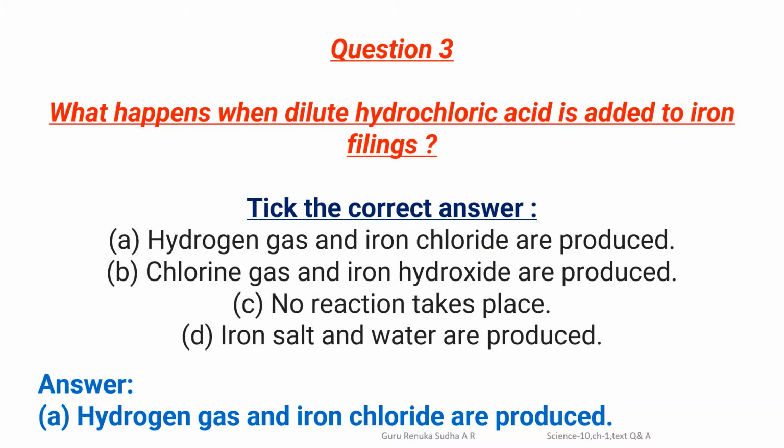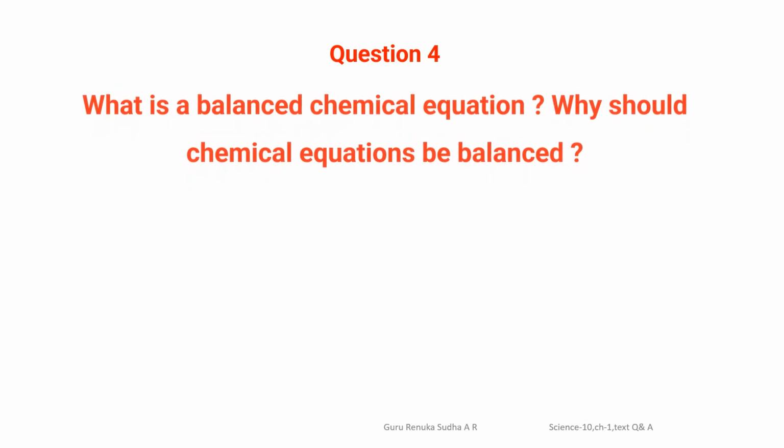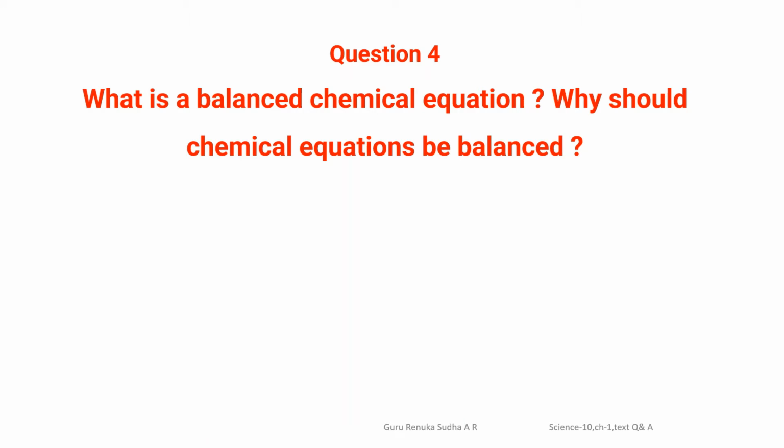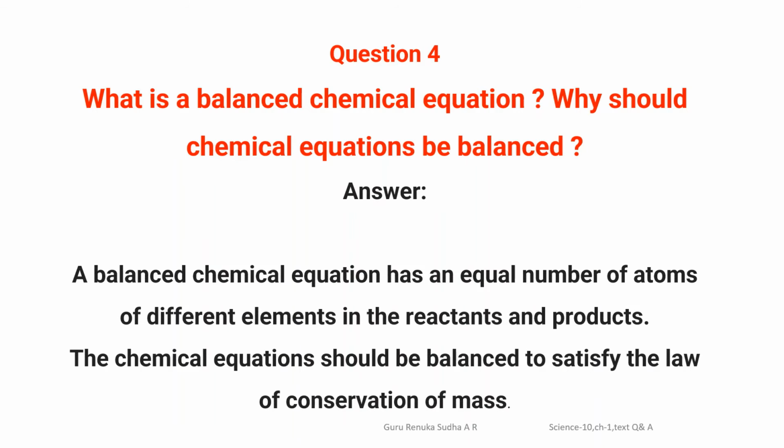Okay. Fourth question. What is the balanced chemical equation? Why should a chemical equation be balanced? Already we have discussed that. A balanced equation has an equal number of atoms of different elements in the reactants and the products.